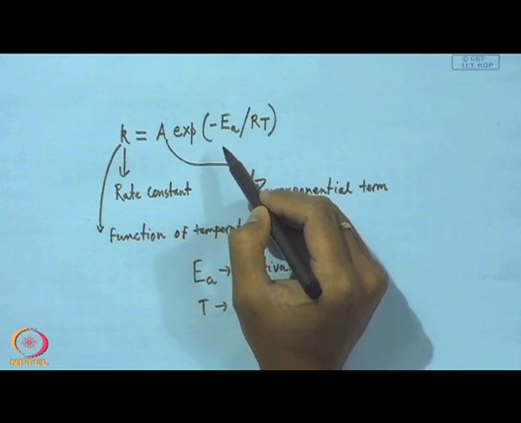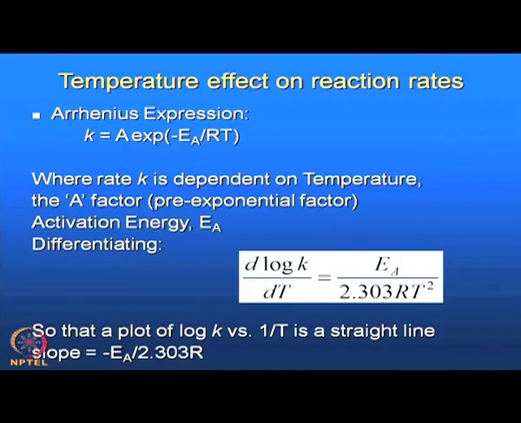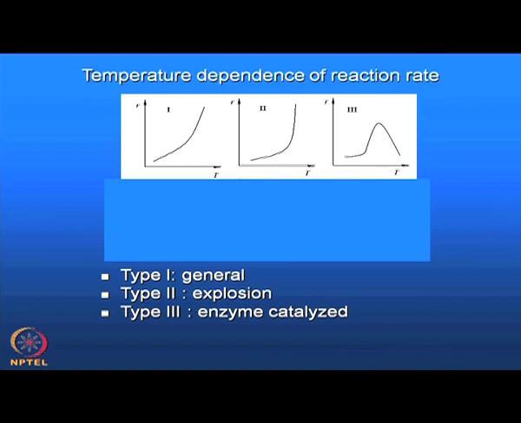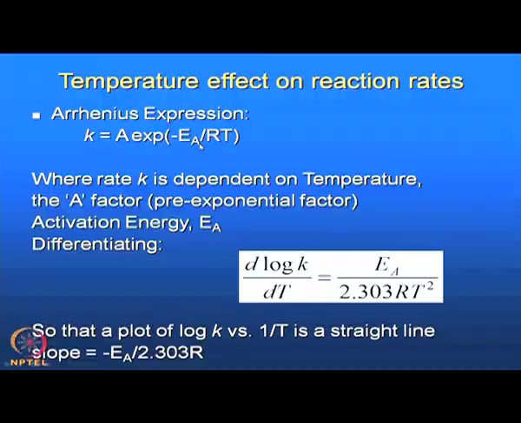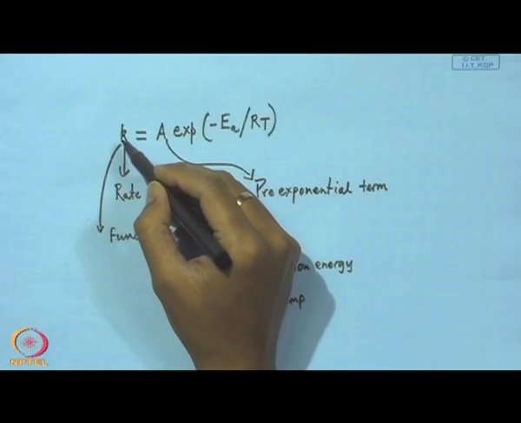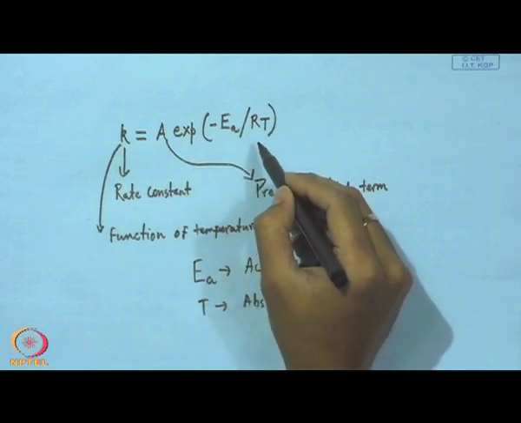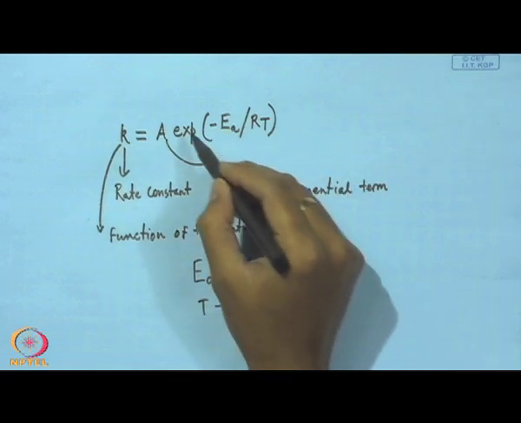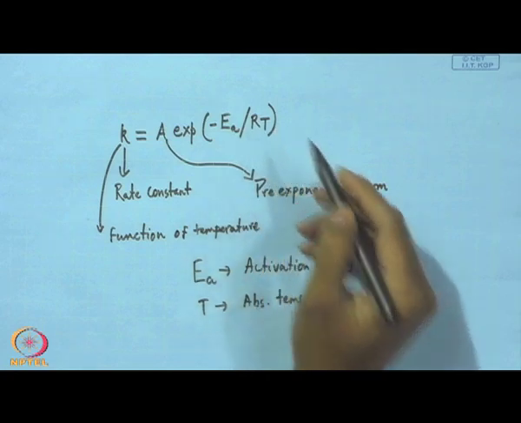If you go back to the earlier slide, that is the type 1 pattern, rate versus temperature, you see it rises. In the same way here also, k is increasing with temperature. So, it is basically an exponential rise with temperature.